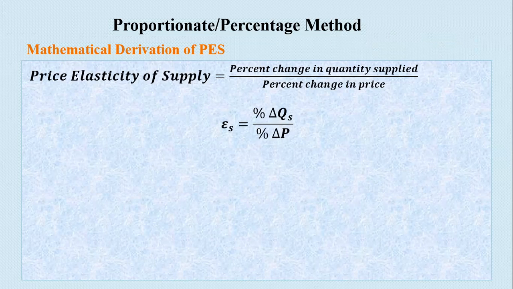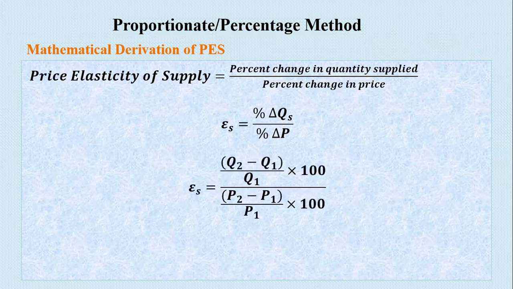Mathematically, it can be written as eta S. Eta S is another representation of the price elasticity of supply. Eta S is equal to the percentage change in quantity supplied to the percentage change in price. We can write it in such a way. Eta S is equal to, the upper part that you can see, percentage change in quantity supplied, can be written as Q2 minus Q1 divided by Q1.